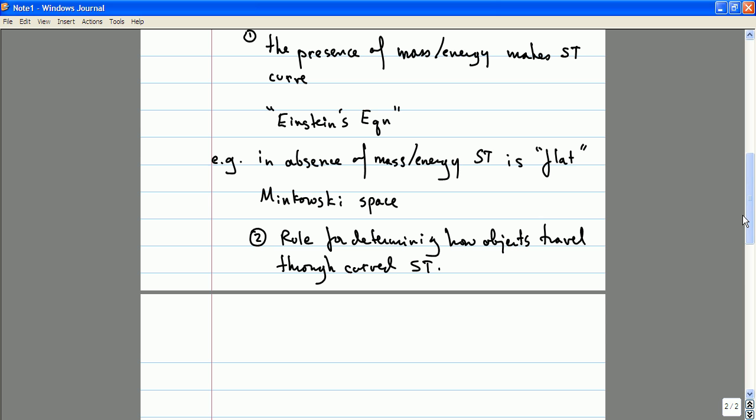And this will be the analog of Newton's second law, F equals ma, in curved spacetime, that is to say in general relativity. So let's remember that without gravity, spacetime is flat and objects move in straight lines.